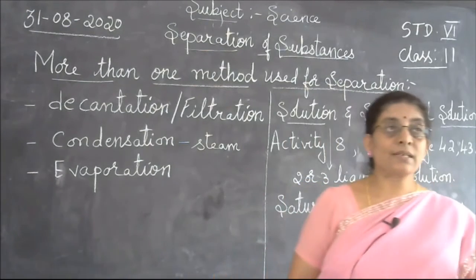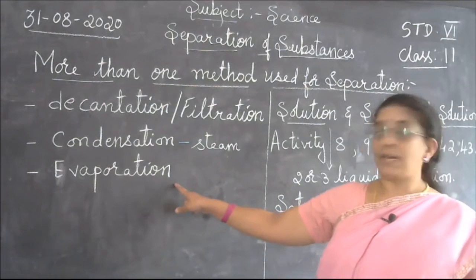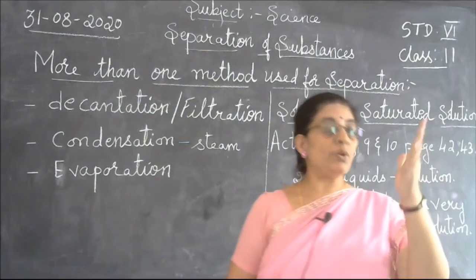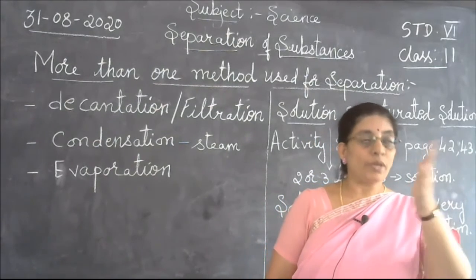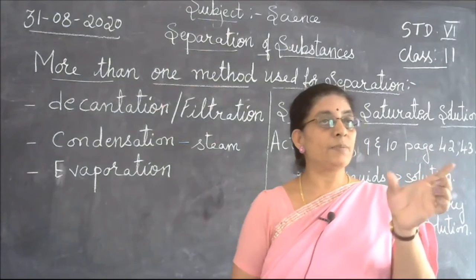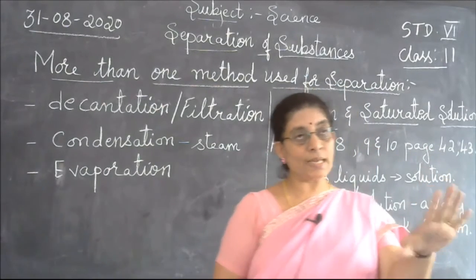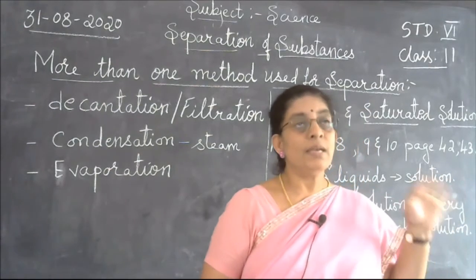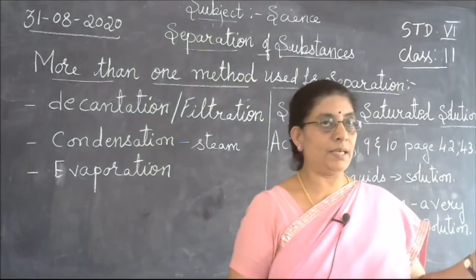The extraction of salt from seawater is done by the method of evaporation. If it is possible, you can look in your textbook. Just see the picture which is given there, how the salt is being extracted. So these are the methods we use in the separation of substances.